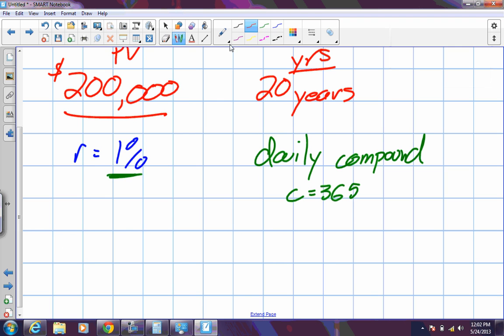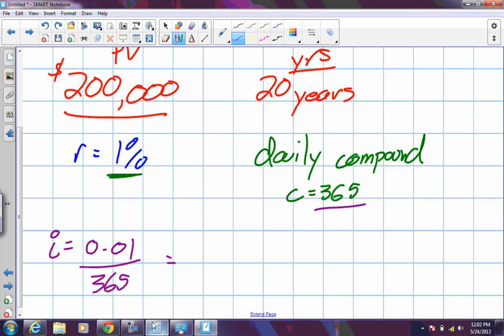I is the interest rate you're going to earn every day. This is going to be an extremely tiny number, because our 1% is 0.01 divided by our compound period, which is 365. The amount of interest you earn every day is going to be extremely small, but it is going to add up.